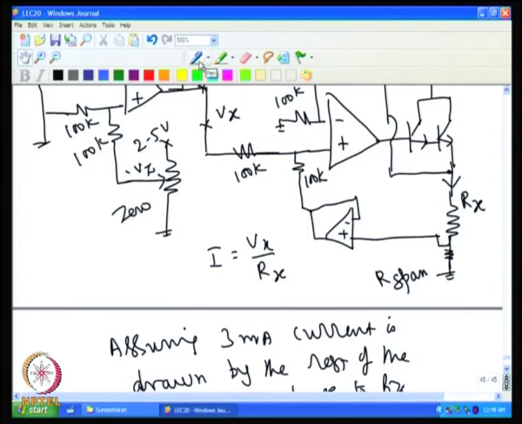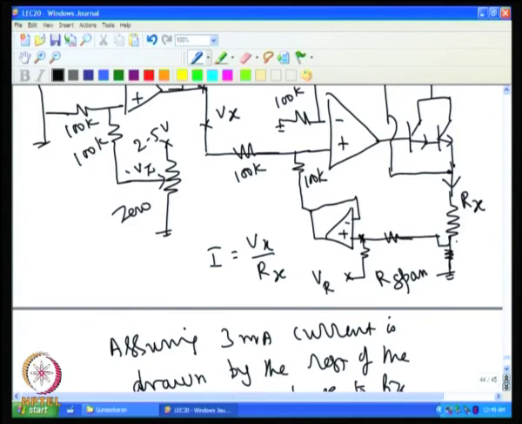One possibility is that one can have a large resistance drawn here, and then we can put this to V reference. So, the voltage at this point, if I take this as a large resistance and this is a very small resistance, then one can get the voltage at this point contributed by two factors.